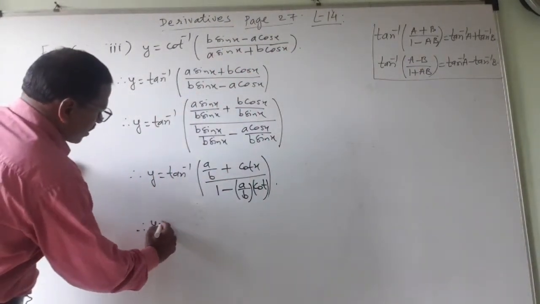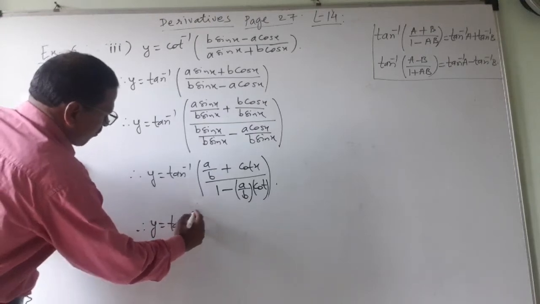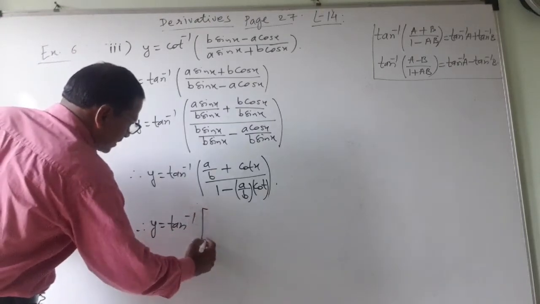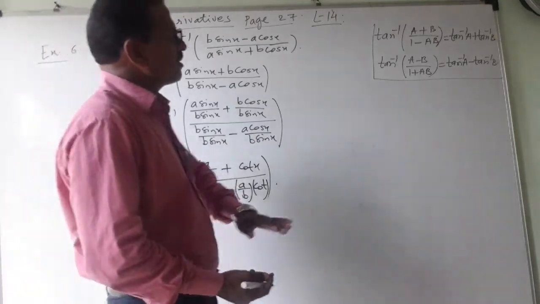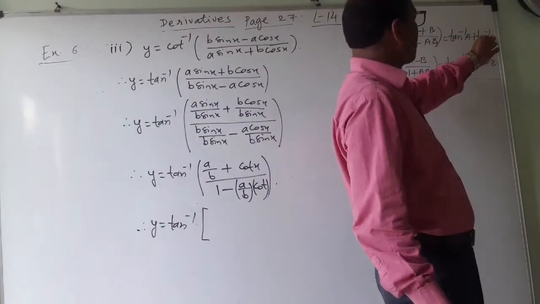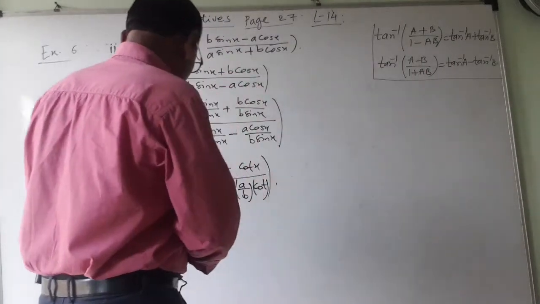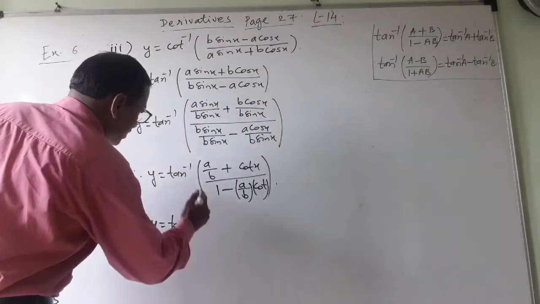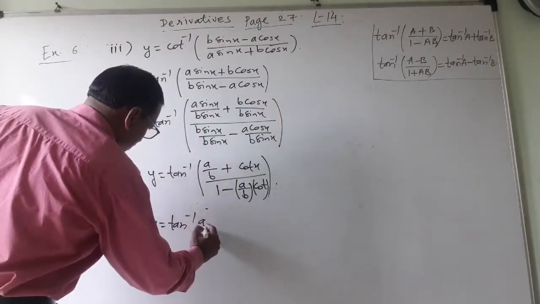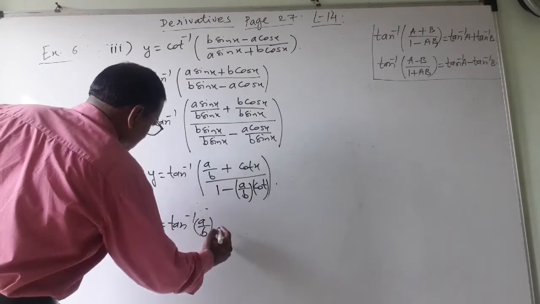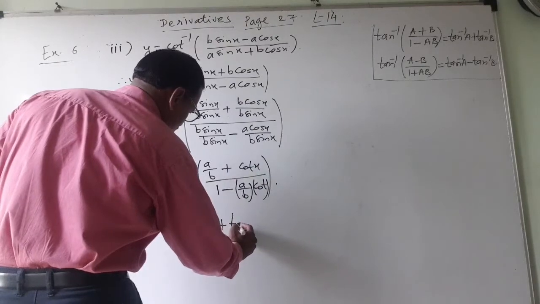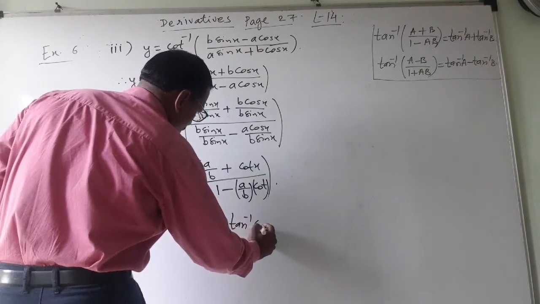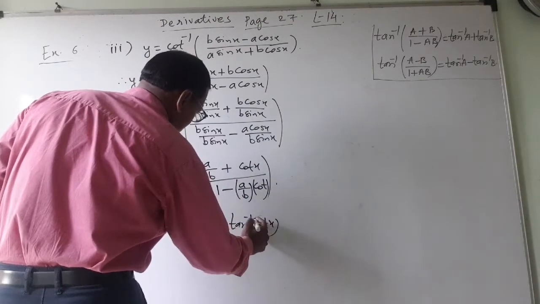Therefore, y is equal to tan inverse A plus tan inverse B. So I will write directly tan inverse of this A upon B plus tan inverse of cot x.